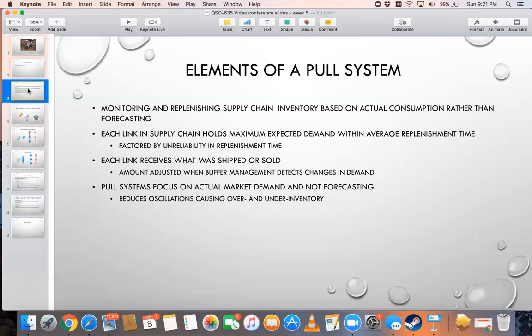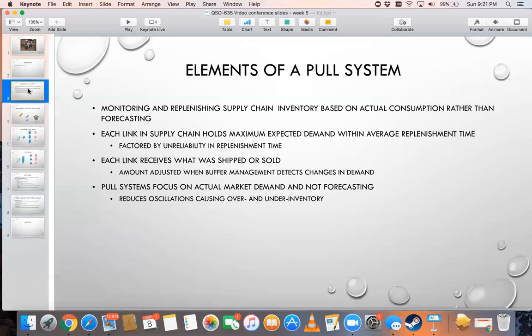There's a little bit of a distinction between how we do a buffer stock in a lean or pull system and a safety stock in a push system. I tend to use the words interchangeably, but just remember that safety stocks usually refer to a push, buffer stocks usually refer to a pull situation.